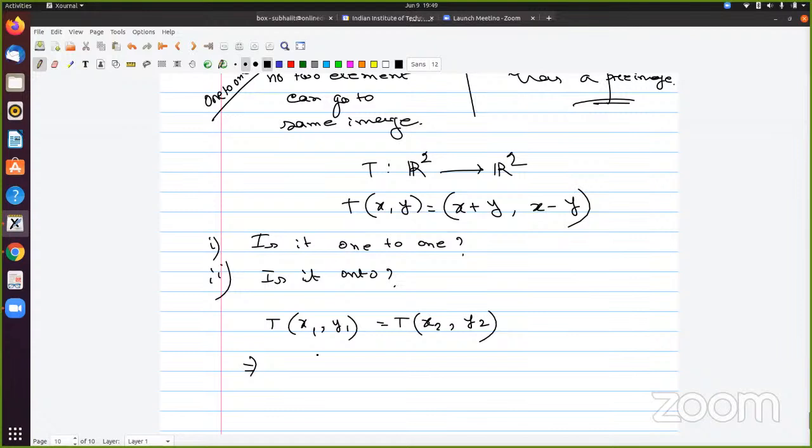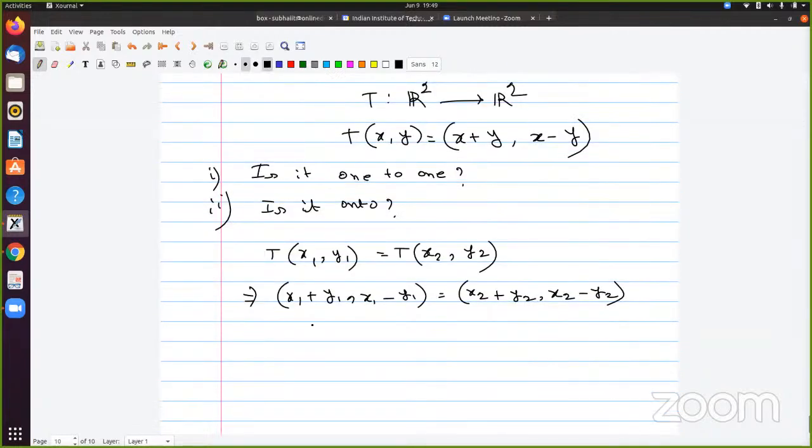For one-to-one, basically x1 plus y1, x1 minus y1 equal to x2 plus y2, x2 minus y2, right? This is what I am getting. So x1 plus y1 equals x2 plus y2, and x1 minus y1 equals x2 minus y2, correct?